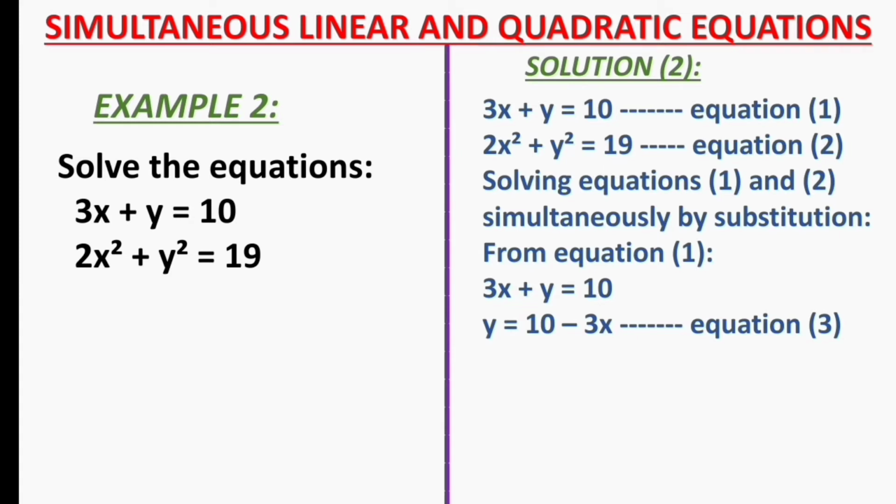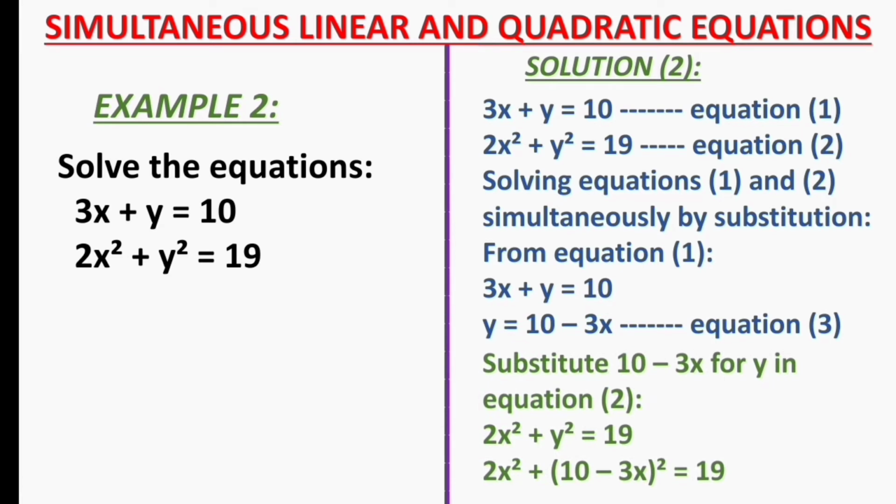Do you know what we must do with equation 3? Let's see if you know. Since we are working with the method of substitution, we are going to substitute 10 minus 3x for y in equation 2. That means substituting equation 3 that we got from equation 1 into equation 2.